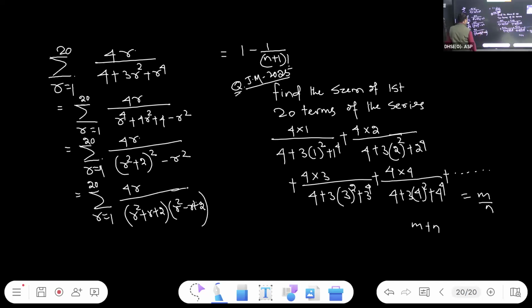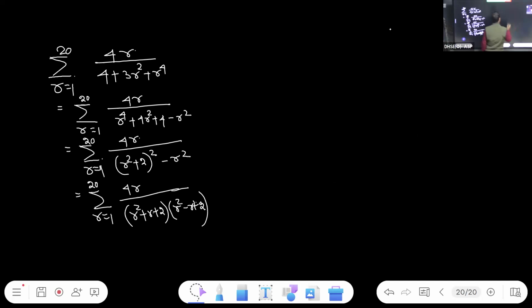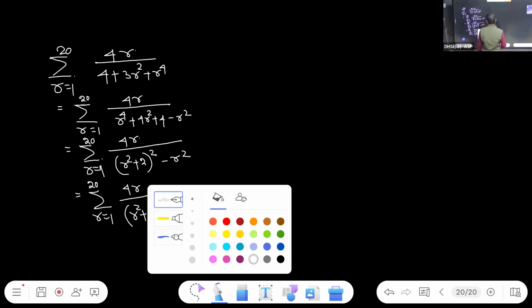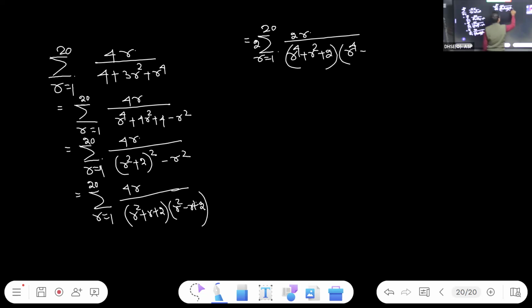And the difference of these two will be 2r. So this is equal to sigma r is equal to 1 to 20, 2 times 2r upon r to the power 4 plus r square plus 2 into r to the power 4 minus r square plus 2.